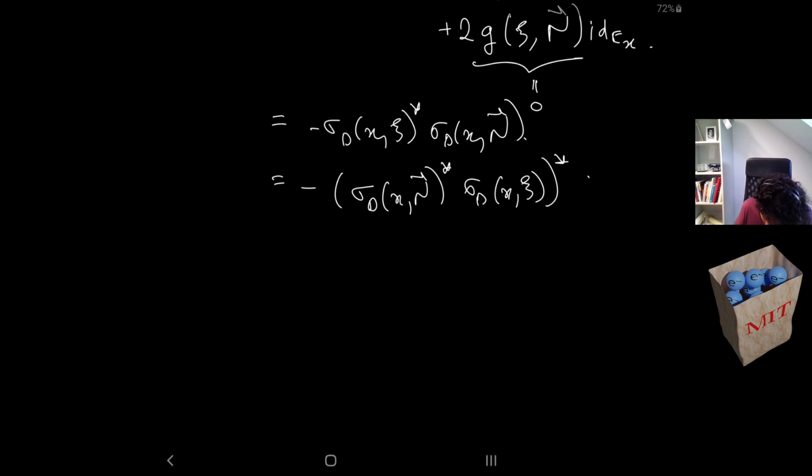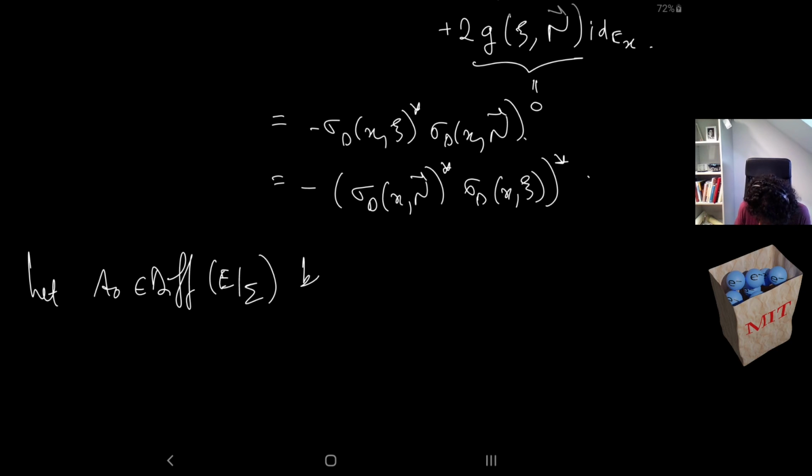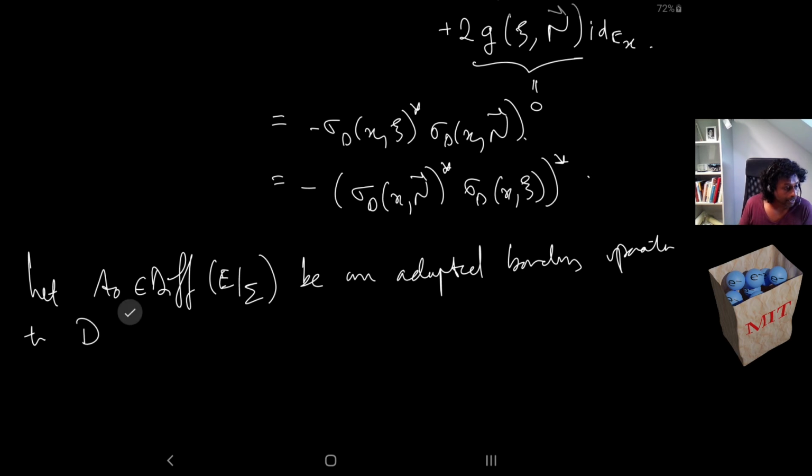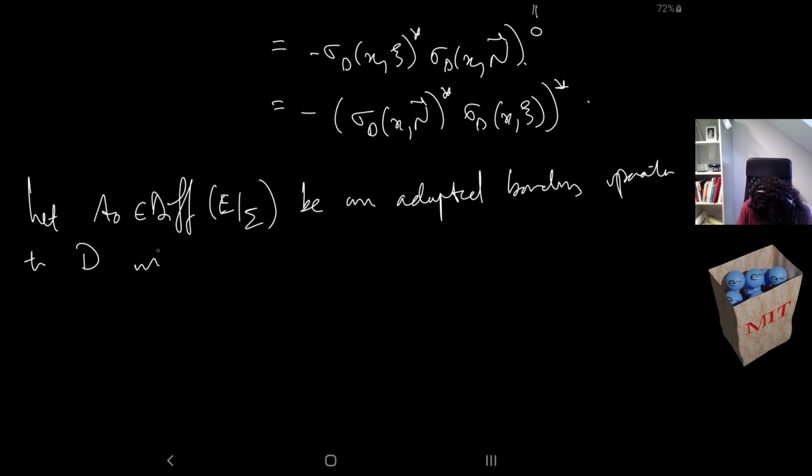So for the second part, just define. So let A naught be any. So we know that there are adapted boundary operators. Okay. So let A naught be an adapted boundary operator to D with the symbol of A naught xi being exactly this, right?